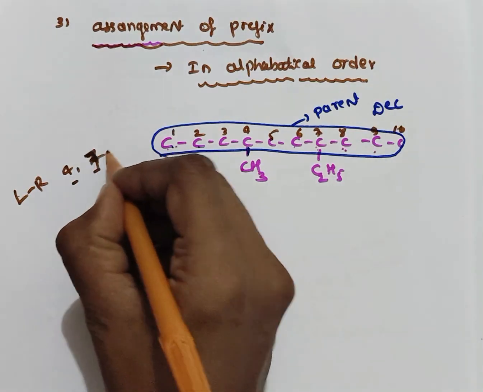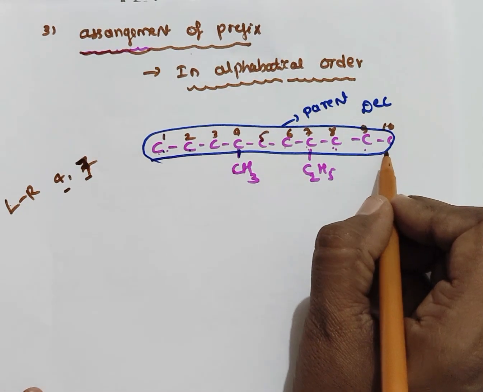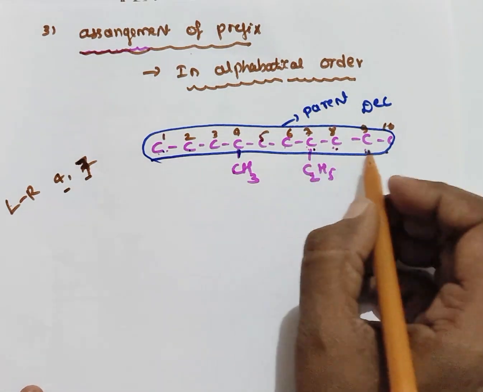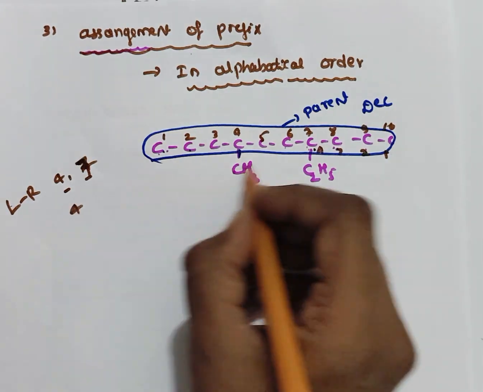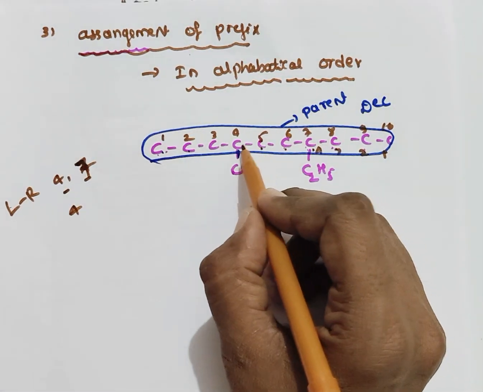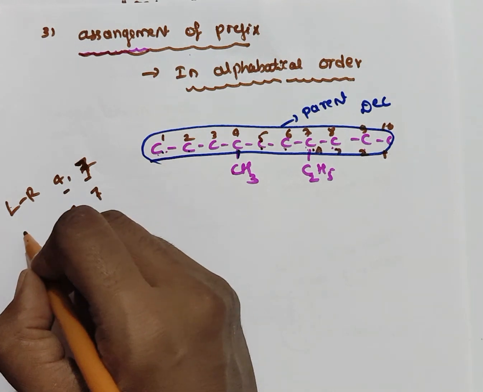Now numbering from right to left, what happens? 1, 2, 3, 4. For carbon number 4, a locant is there. 5, 6, 7. For carbon number 7, another locant is there. So in this case, numbering from left to right, we get 4, 7.